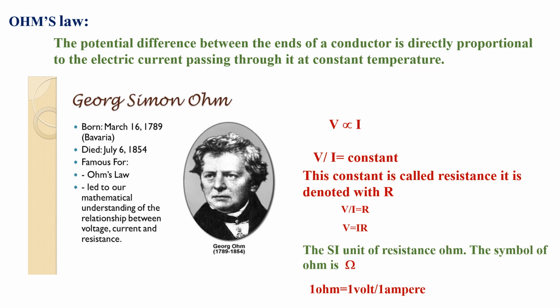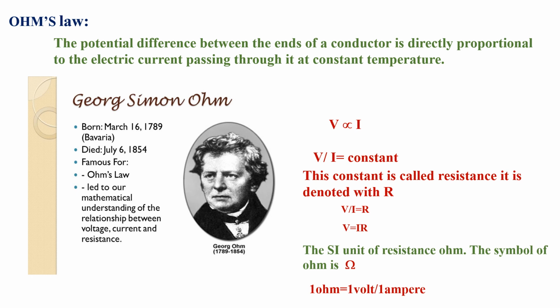That constant is R. V by I is equal to R. This constant is called resistance. It is denoted with R. Okay. V by I is equal to R. So V is equal to IR.